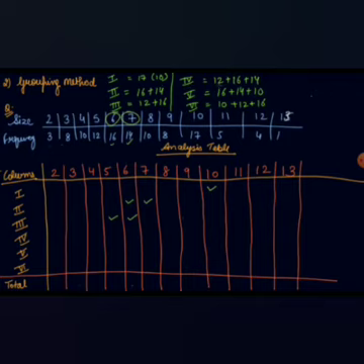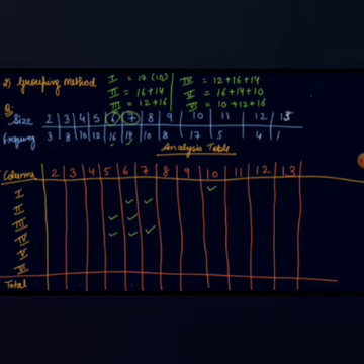In the fourth column, we have 12 plus 16 plus 14. So for frequency 12, the size is 5. For 16 frequency, the size is 6, and for the 14 frequency, the size is 7. In the fifth column, we got the highest frequency by adding 16 plus 14 plus 10.